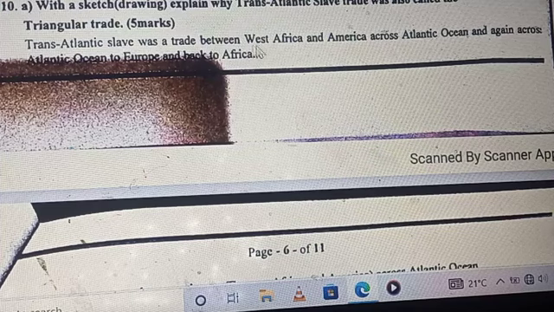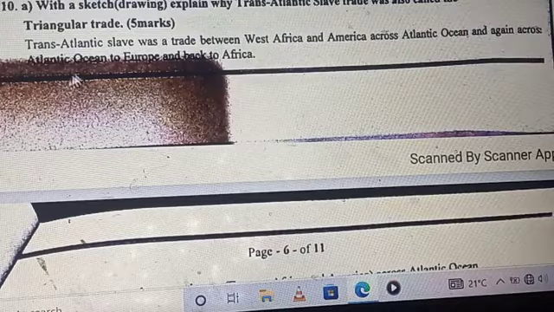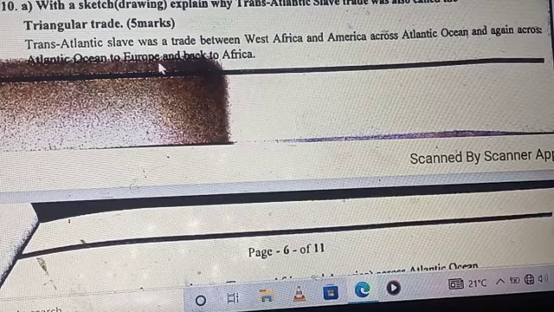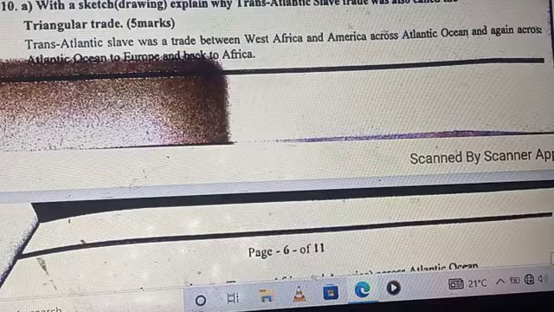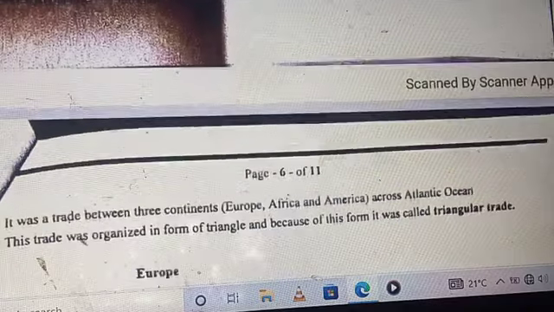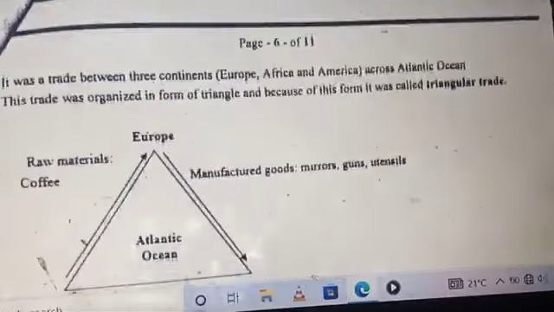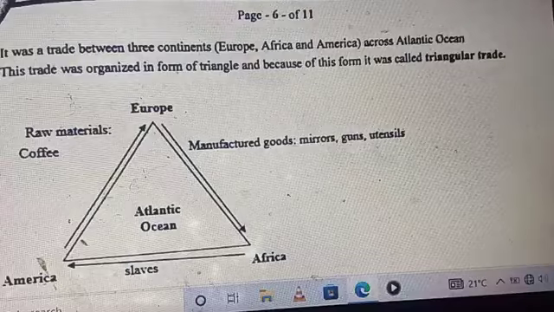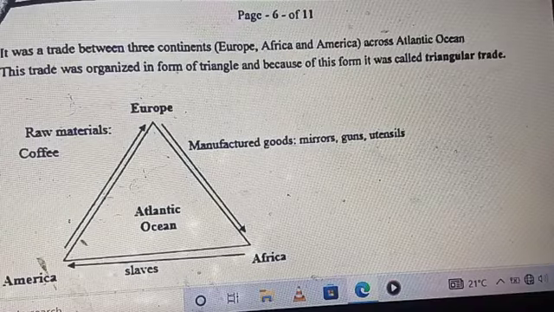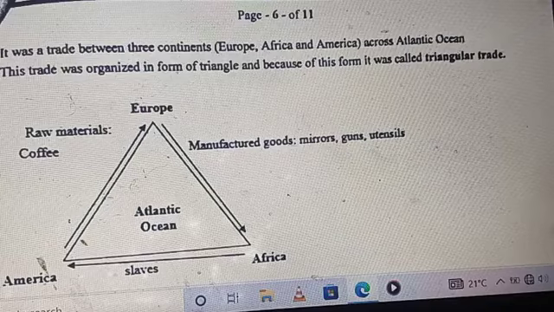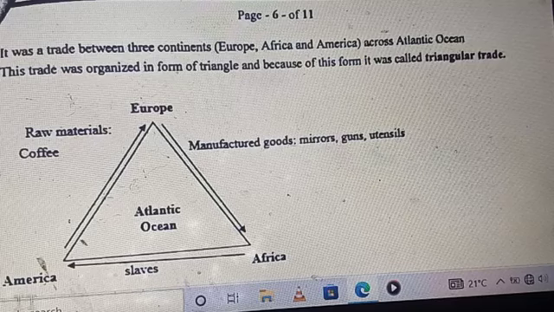Transatlantic trade was a trade between West Africa and America across the Atlantic Ocean, and again across the Atlantic Ocean to Europe and back to Africa. It was a trade between three continents, Europe, Africa, and America. This trade was organized in the form of a triangle. Because of this form, it is called triangular trade.